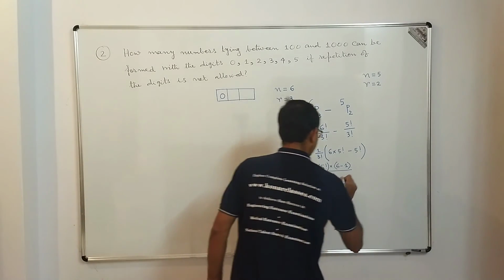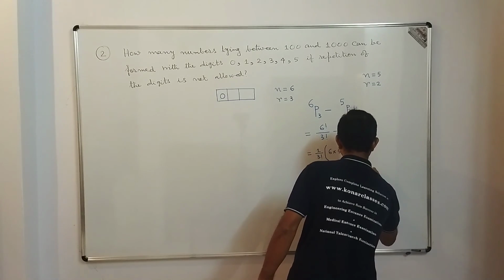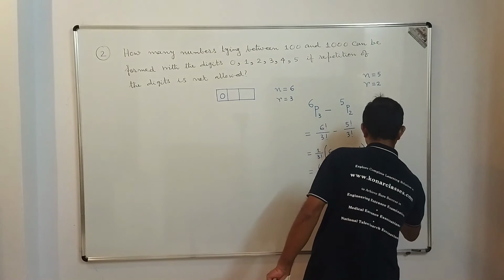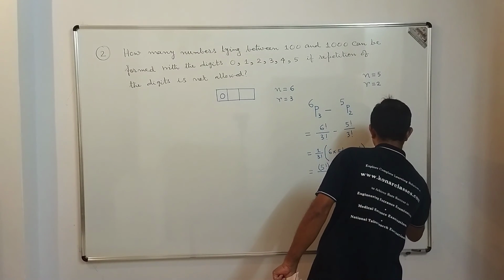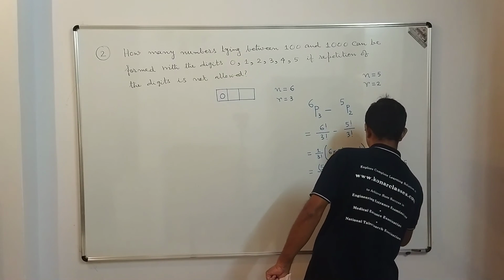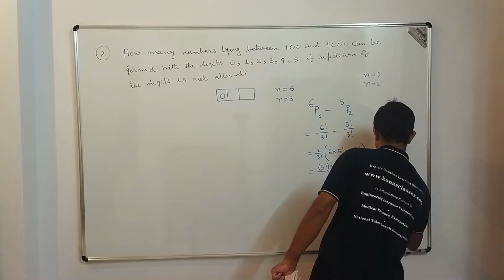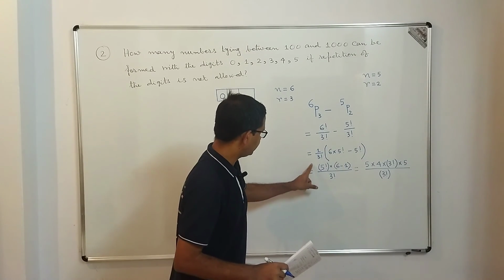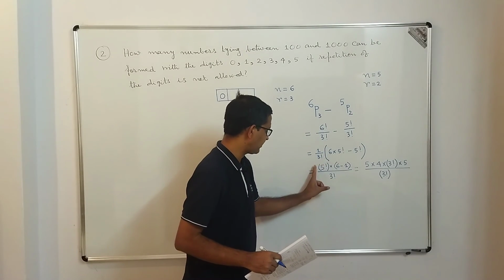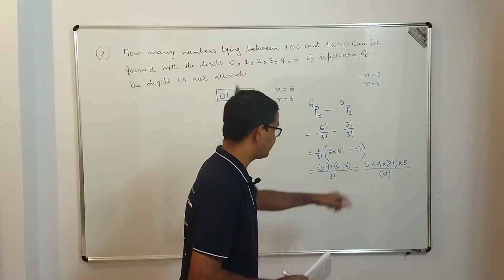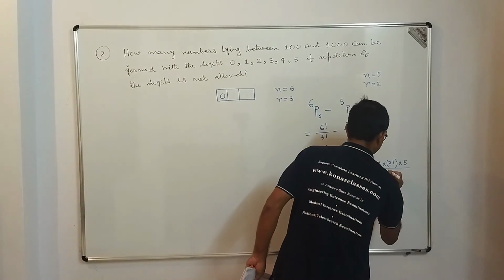So that is equal to 5 into 4 into 3 factorial, into 6 minus 1 which is 5, divided by 3 factorial. I am writing 5 factorial as 5 into 4 into 3 factorial. Why? Because there is a 3 factorial in the denominator which will get cancelled.